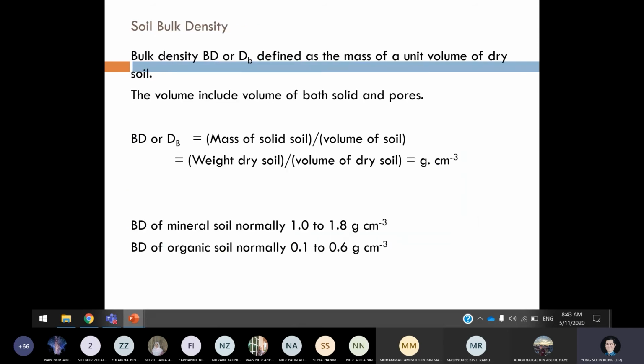Now the next type, the second one, bulk density. You might be asking, what is the difference? Here is a major difference. For bulk density, apart from the different symbol, they differ in the definition. In the bulk density definition, we also consider the air that is trapped in the soil in the calculation.